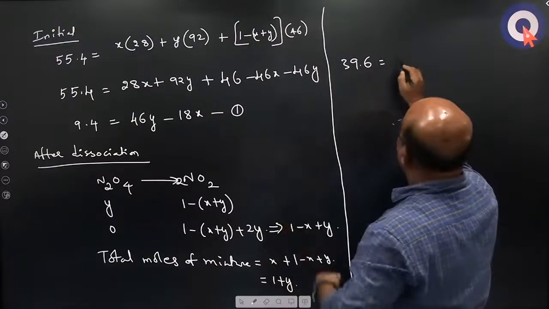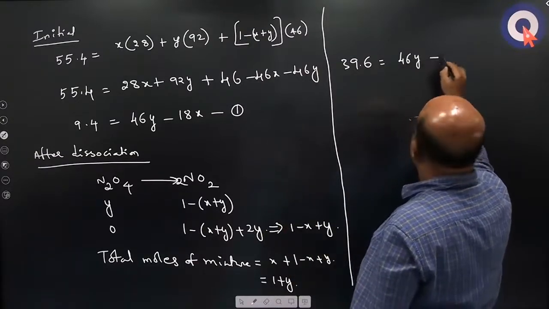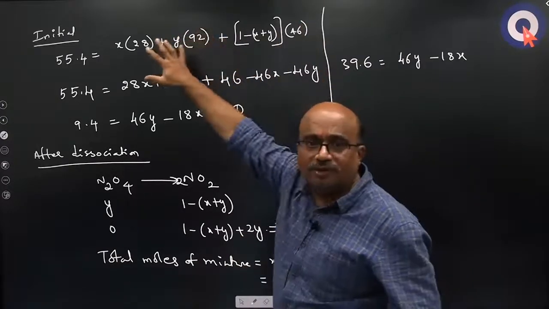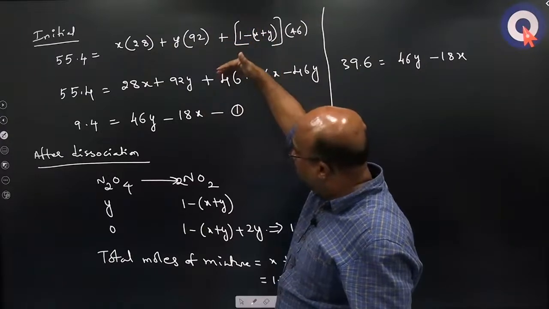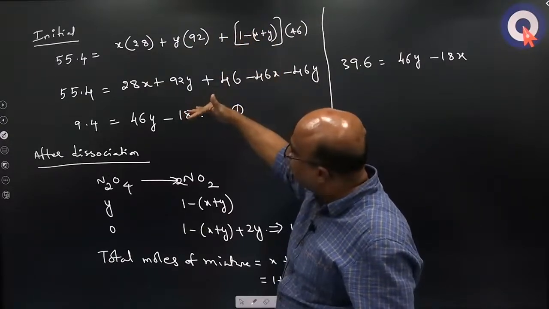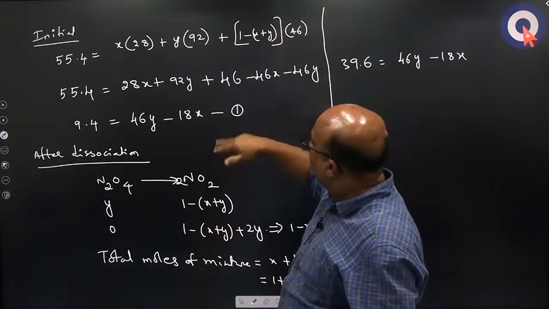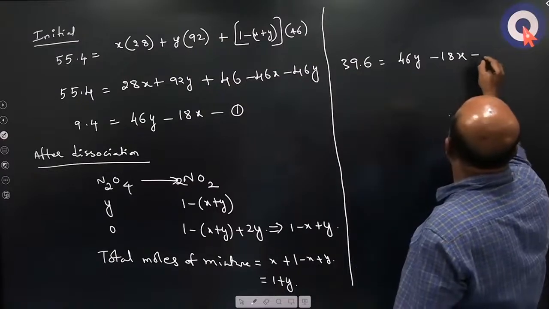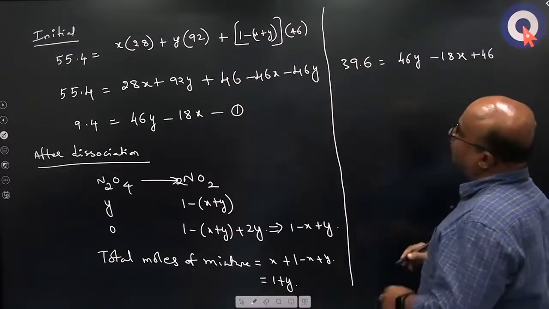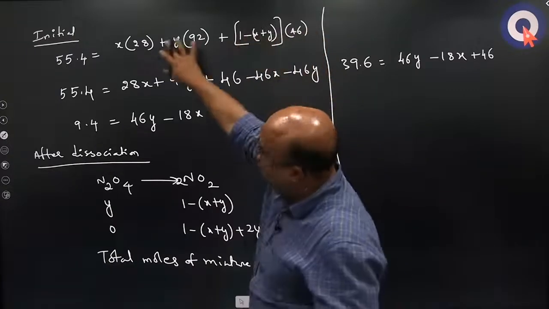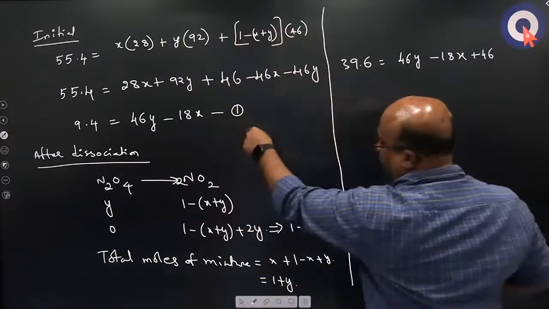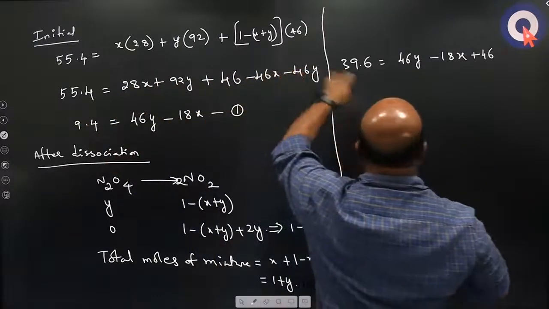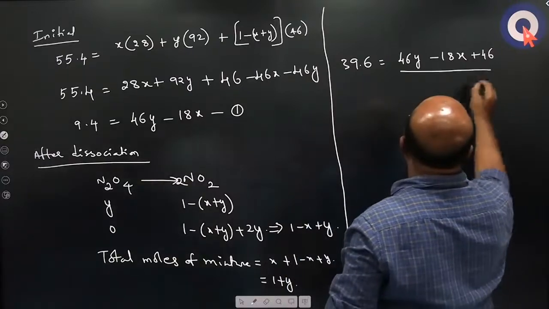So I can say 46y minus 18x, the numerator term which was there, and the total mass always remains the same, divided by the total number of moles, 1 plus y. Sorry, there should also be the 46, because we brought it here.